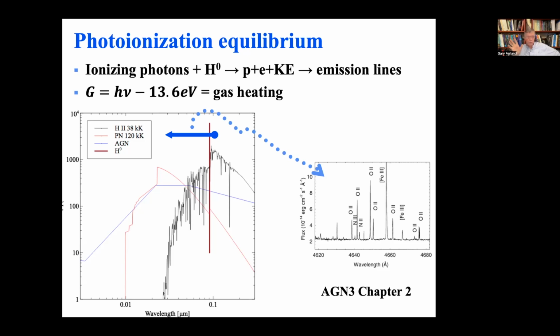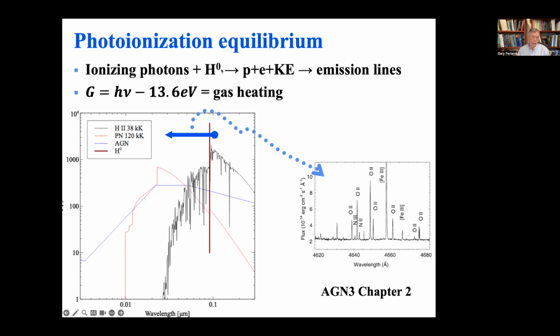That's a non-thermal continuum. So what happens in the gas is one of these ionizing photons hits a hydrogen atom and photoionizes it, so it breaks apart the atom. It takes 13.6 eV to change one hydrogen into a proton plus an electron.